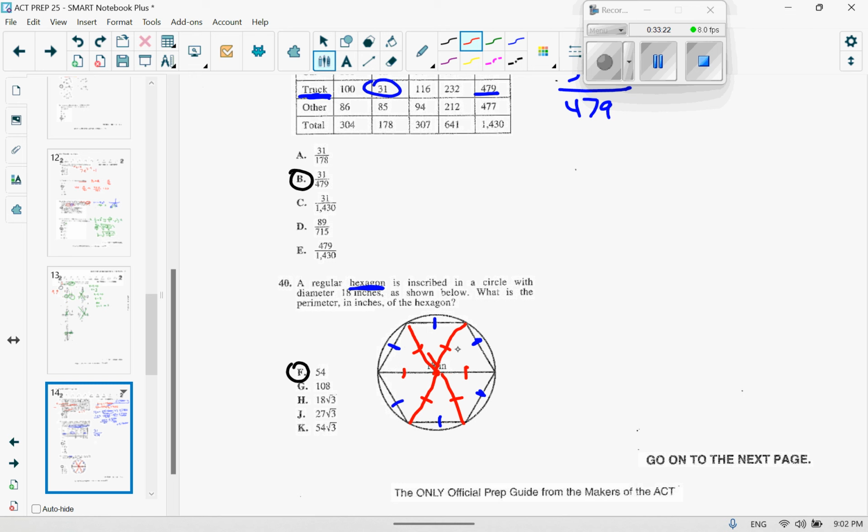Therefore, this creates 6 different equilateral triangles. Originally, the diameter was 18, so I know that each of these radii would be 18 divided by 2, so the radius is 9, and therefore every single tick mark is 9. And I'm finding the perimeter of the hexagon, so I just get 9 times 6 for 54 there.